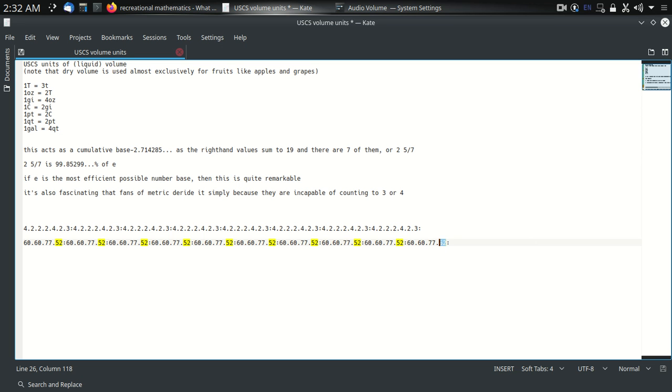Alright, so 52 catches a 13, 77 catches 7 and 11, 60 catches 5, 4, 3, 2, and 6. 8 is captured by the pair of 60s. 9 is also captured by the pair of 60s. 10 is in there because of 2 and 5. 11 is in the 77. 12 is in there. 13 is in here. 14 is between these because of the 7 and the 2. 15 is in here. 16 is captured here or here.